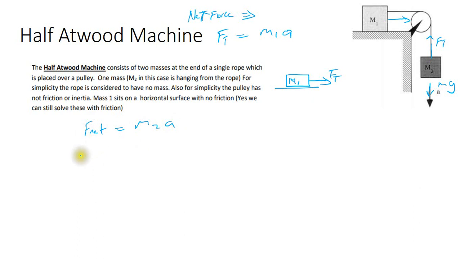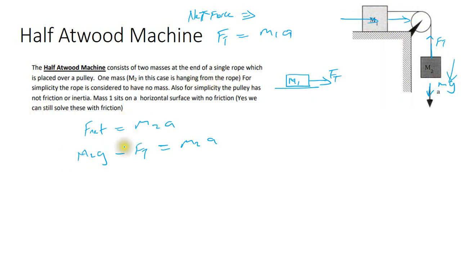Let's write out the net force: M2g minus Ft, because the weight of the object is pulling the object down, equals the mass times the acceleration. You might be wondering why the acceleration is not negative. Because we already associated a direction with the acceleration from M1, which was going in the positive direction, the acceleration at that point would have been positive. So when it reaches this point, it is still positive.